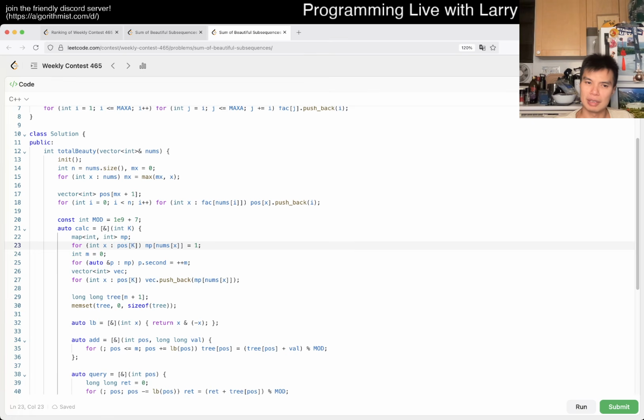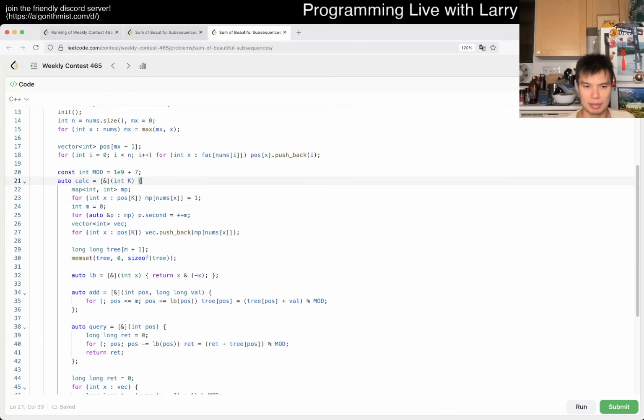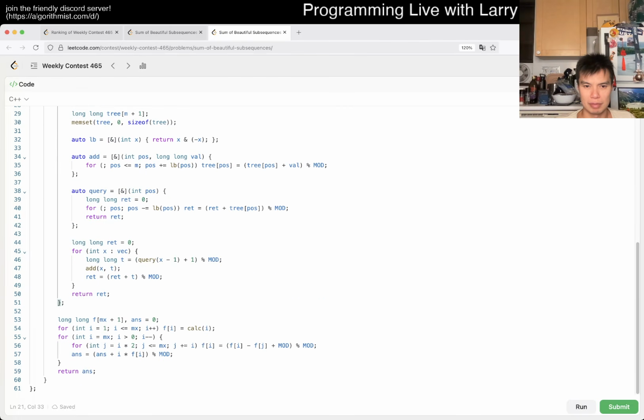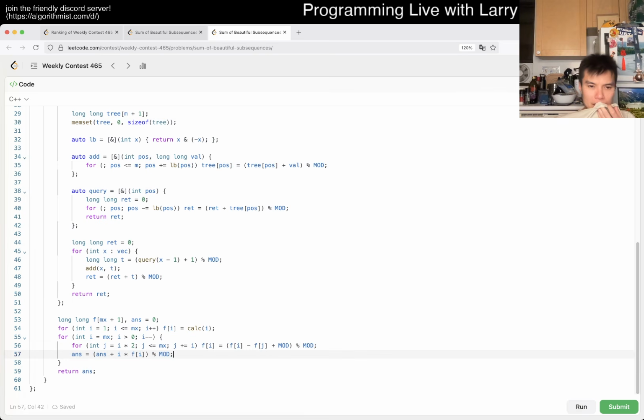So for every index that has this divisor k, yeah, okay. So for each, okay. I mean, this was kind of the idea I was thinking of, but I couldn't figure it out. Oh, I see. I don't even know the rest of this, but this is kind of the idea that I was trying to think about, but I couldn't get it.